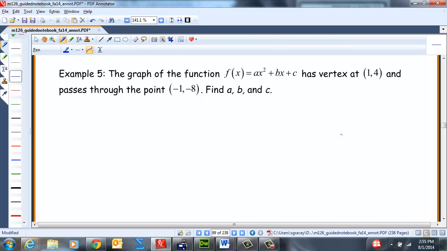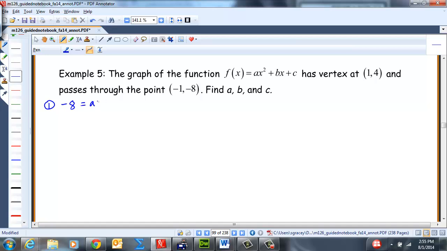So I'm going to start out by using the fact that -1, -8 is an ordered pair on the graph. So my first step is going to be, I'm going to let f of x be -8, and then I'm plugging in -1 for x.